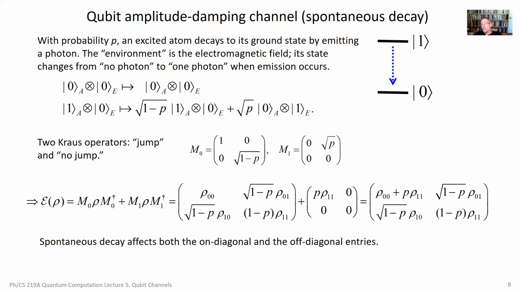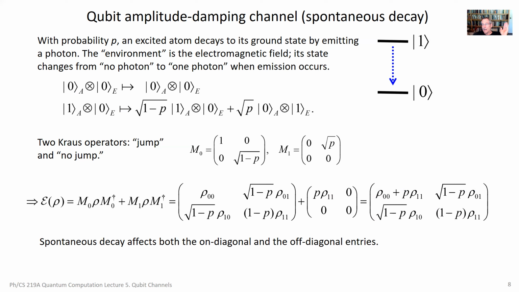So again, I should think of this as a unitary process, a unitary interaction between our two-level atom, a qubit, and its environment, the electromagnetic field. And to simplify things to what's essential, I'll consider the electromagnetic field to also be a qubit.